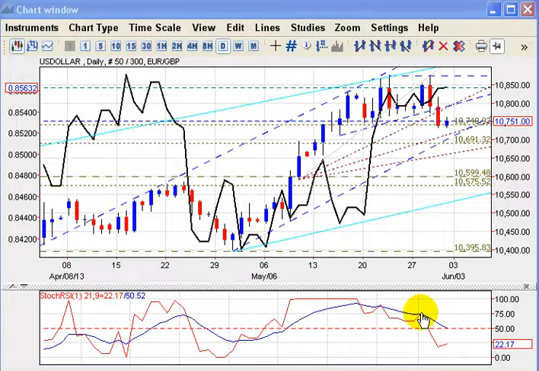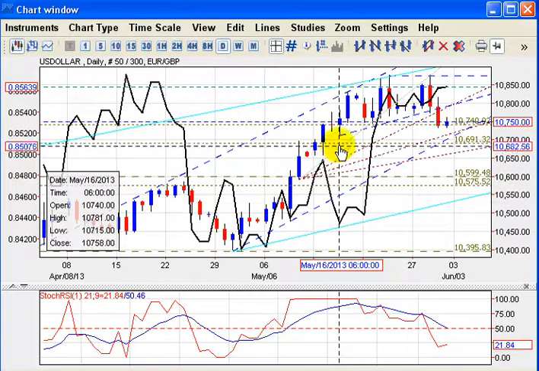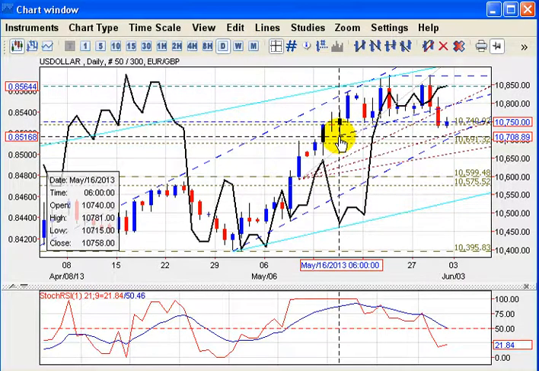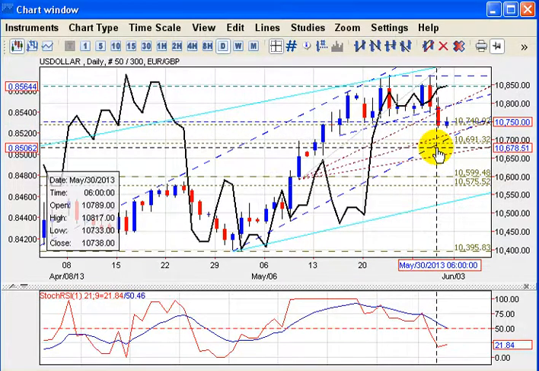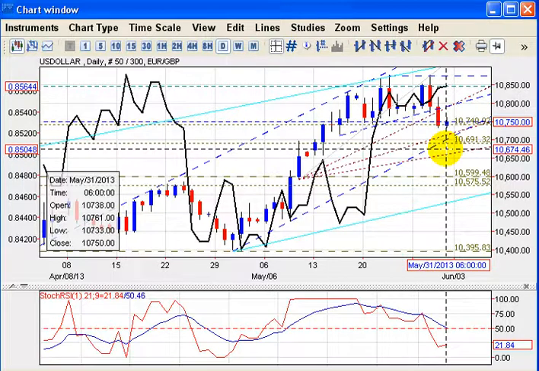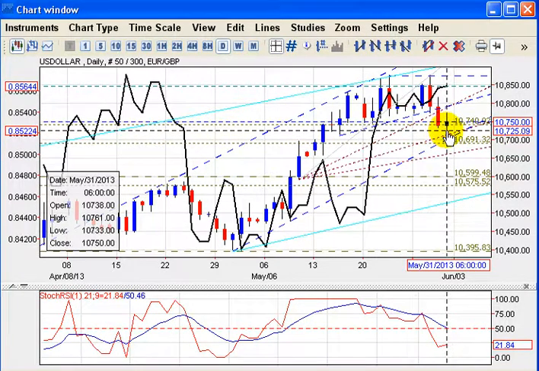Here we also combined a Fibonacci fan formation on the rising fan outlook that we made, where the possibility of a drop to the previous low, let's see if we can get it here, of this particular 10,715 price level, although the low established currently was at 10,733, which is not too far off from the more important psychological price level support of 10,740 on the FXCM US dollar index.